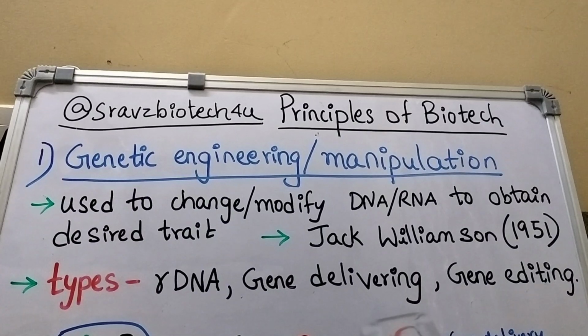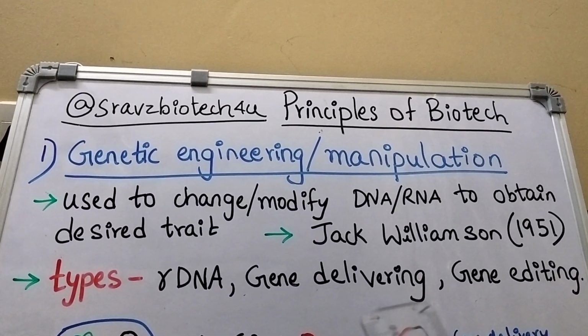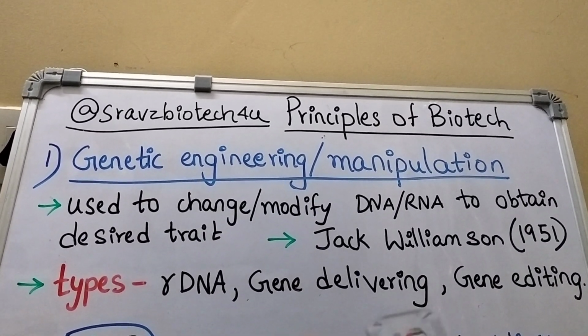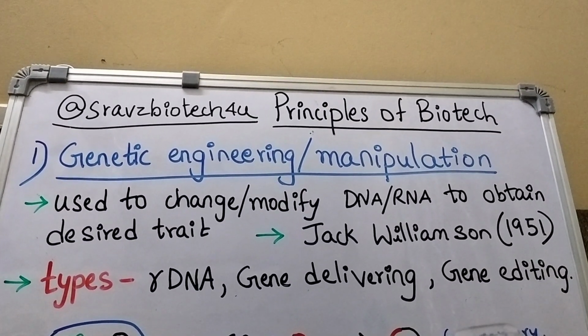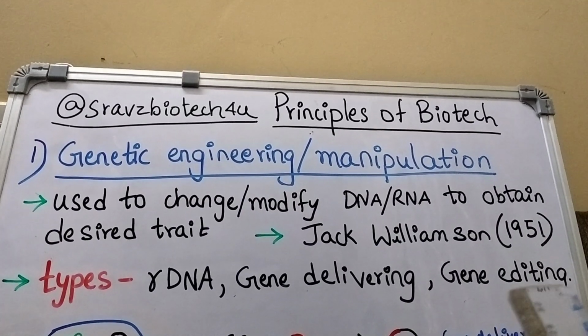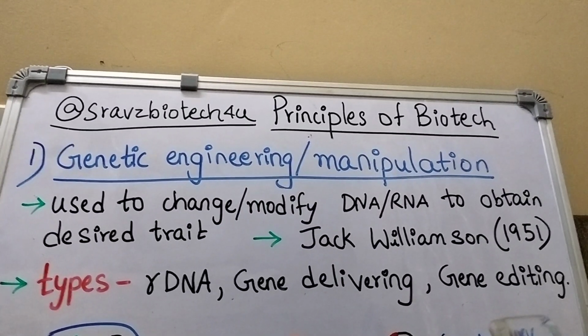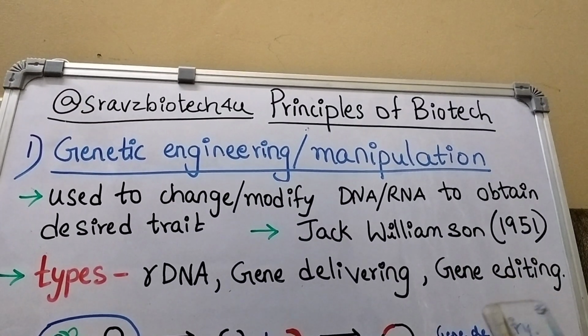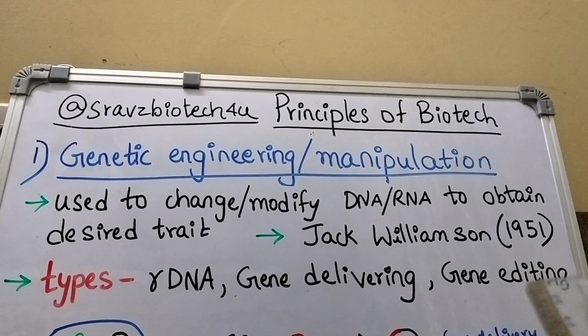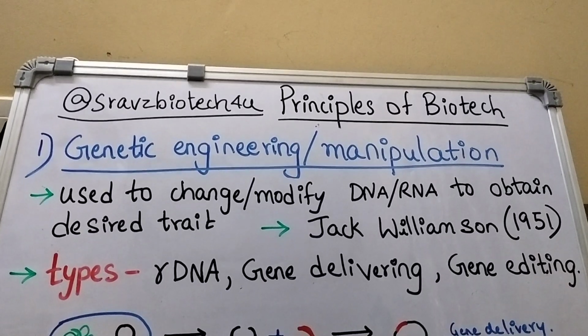Gene delivering techniques are the techniques used to insert a gene of interest into the host genome. Gene editing techniques are the ones used to edit the genome, in which an undesired DNA sequence is removed or a new gene can be inserted into the host genome.